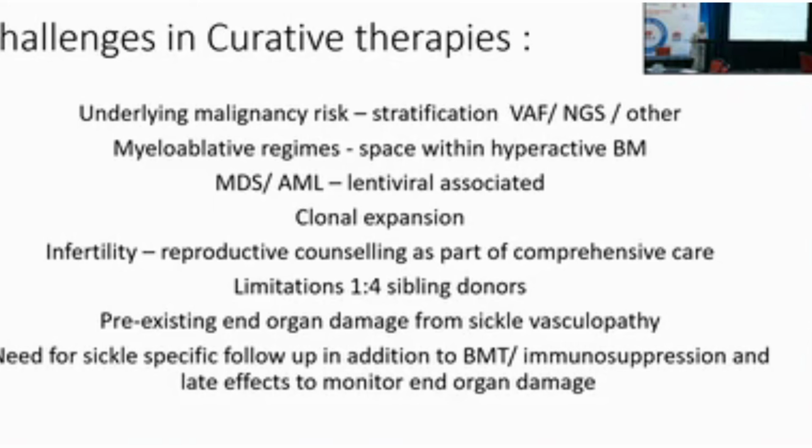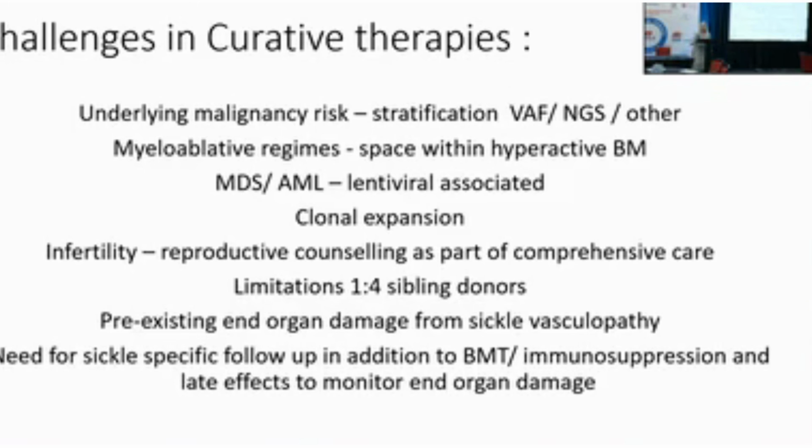For our paediatric patients particularly, having to use the strong chemotherapy to wipe out the bone marrow is an ongoing challenge. The infertility remains a significant barrier for many families, where this may well mean that transplant is not an acceptable treatment option, and that's certainly a choice for many patients.